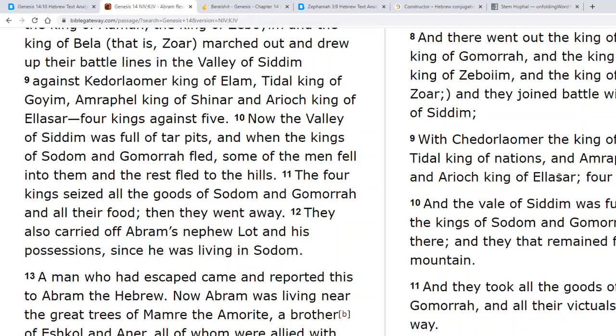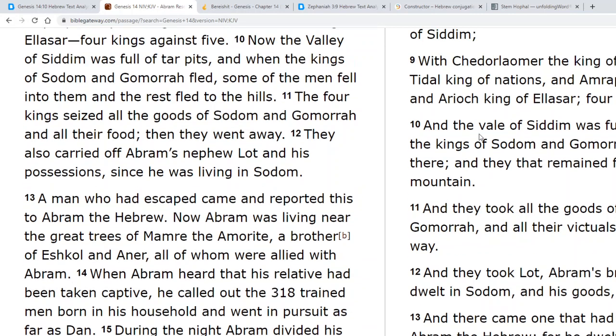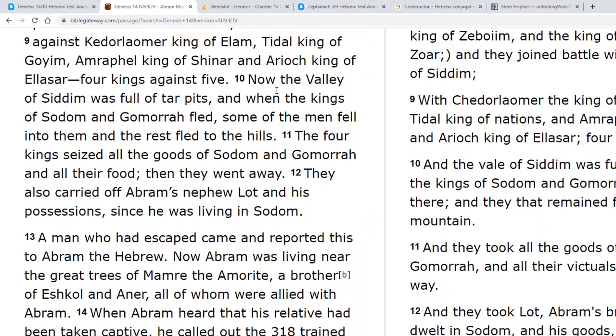King James, verse 10. And the vale of Siddim was full of slime pits. Okay. And the kings of Sodom and Amorah fled and fell there. And they that remained fled to the mountain. Hahara. Yeah, okay. Now the valley of Siddim was full of tar pits, and when the kings of Sodom and Amorah fled, some of the men fell into them, and the rest fled to the hills.